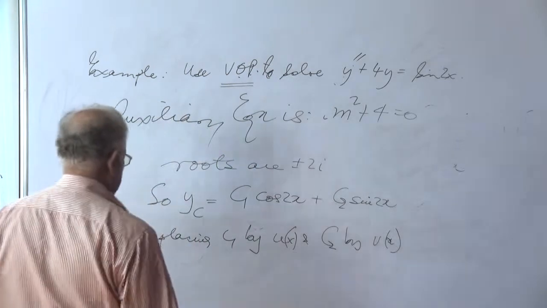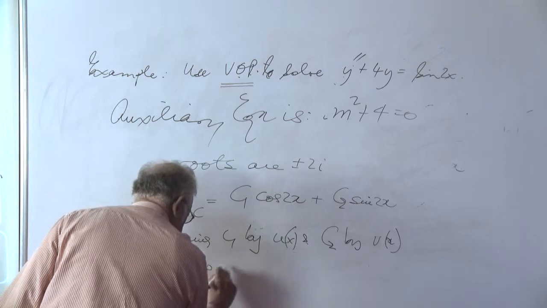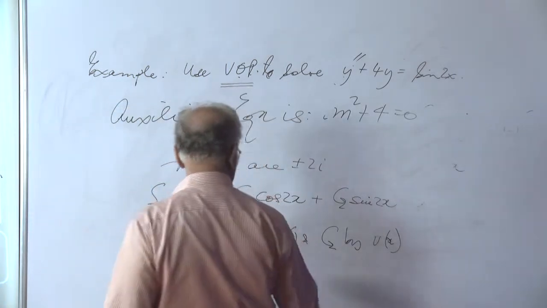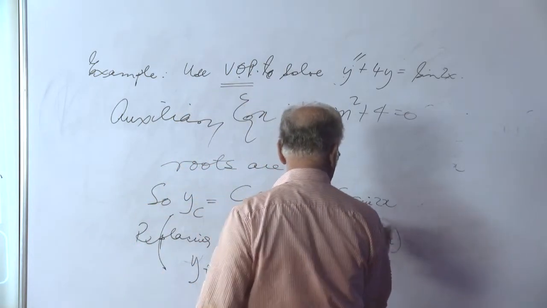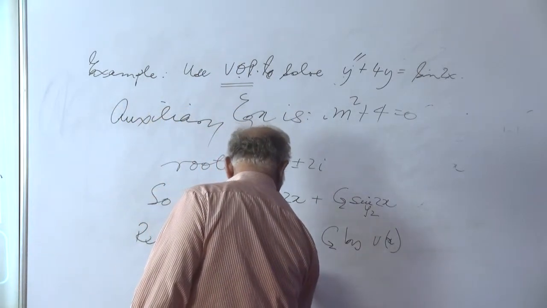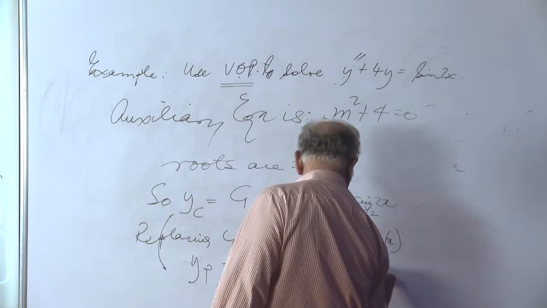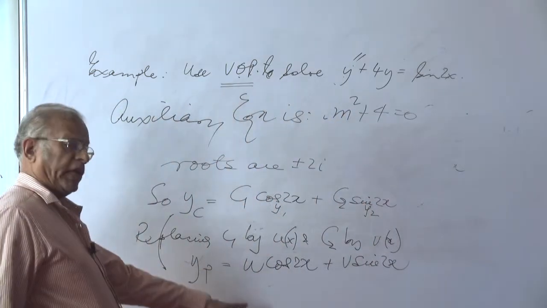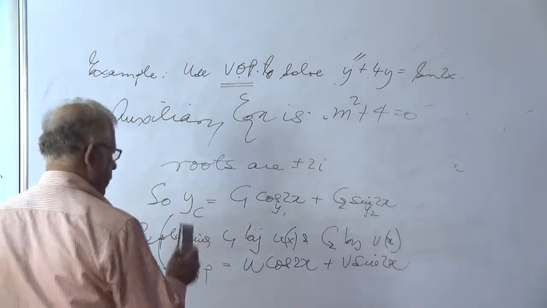After replacement, the particular solution is u cos 2x plus v sine 2x. We label cos 2x as y1 and sine 2x as y2. And we proceed to find u and v by the formulas already given. We'll do that work.